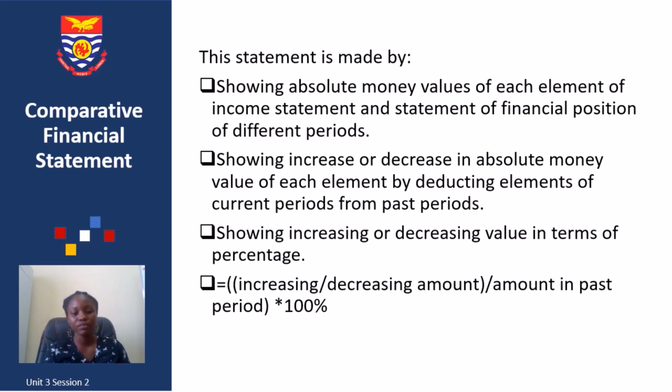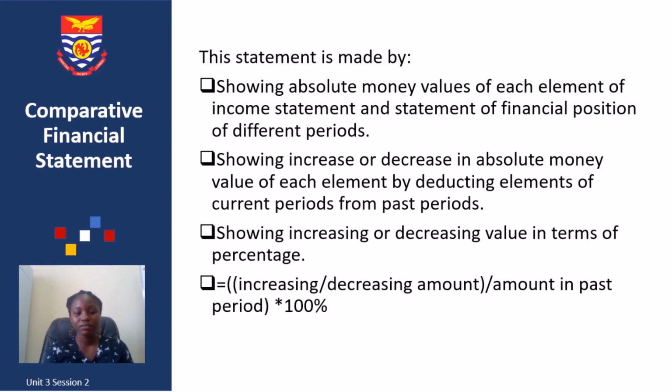So you find the difference from 2015 to 2016, 16 to 17, 18, 19 in that regard. And now you show the increasing or decreasing value in terms of percentages. So you could say between 2015 to 2016, inventory increased by 20%. Between 2016 to 2017, inventory increased by, say, 25%, in that order.